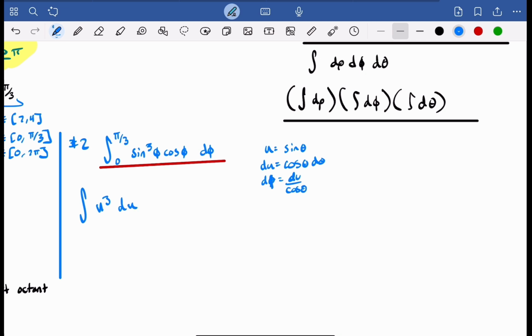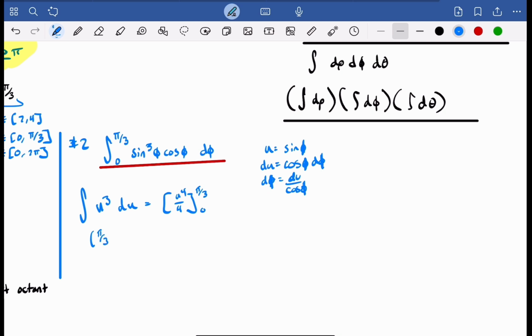And obviously that's not theta, that's all phis here. My mistake. But that's going to be u to the fourth over 4, from pi over 3 to 0.